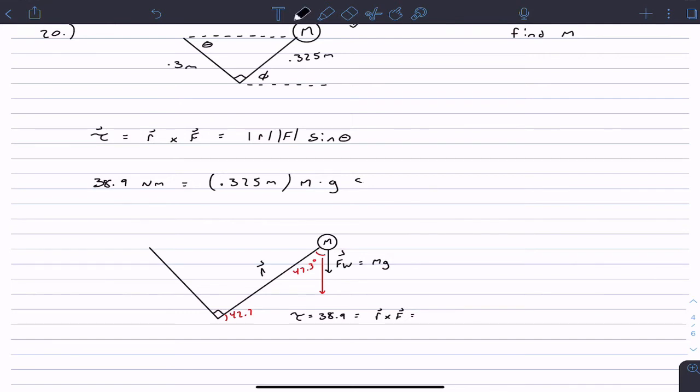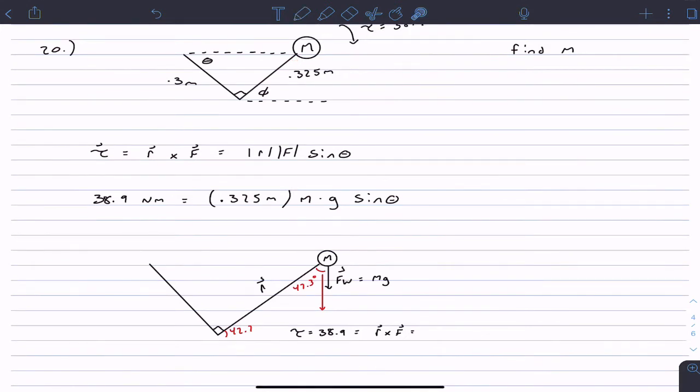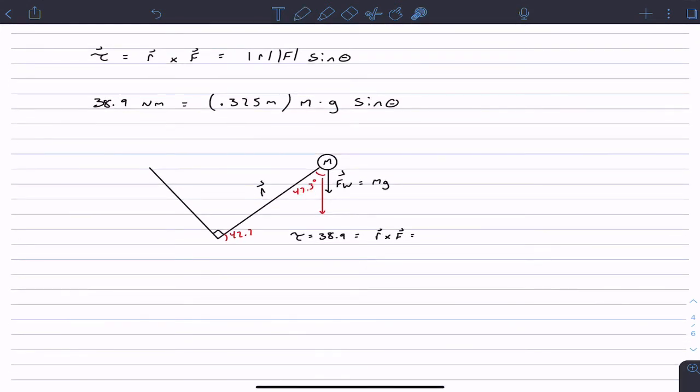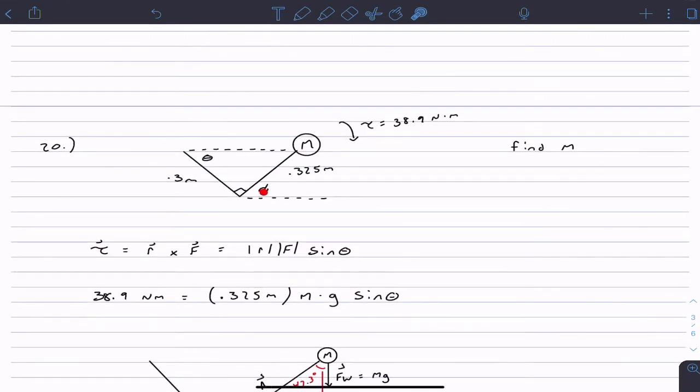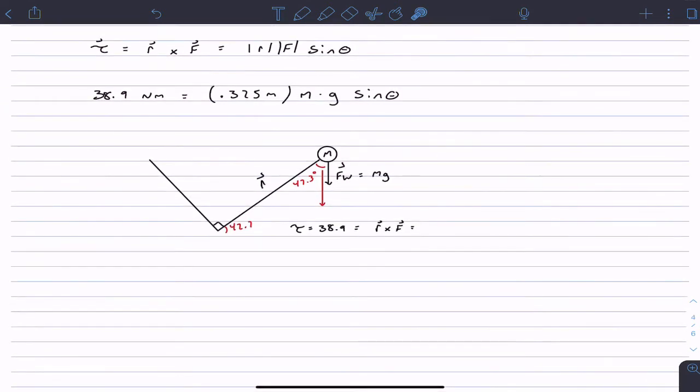And then we want sine of the angle between those two things, where our angle happens to be 47.3 degrees. Again, because in the general situation we're given this angle down here, and we know this is a right angle, so we draw a perpendicular and figure out 90 minus this angle. So 90 minus 42.7 gives us 47.3 degrees. So this is going to look like 0.325. What is the mass? The mass is what we're trying to solve for.